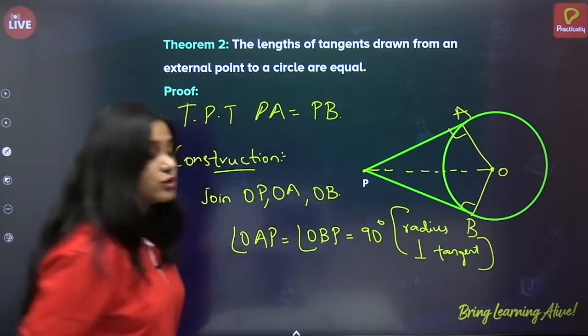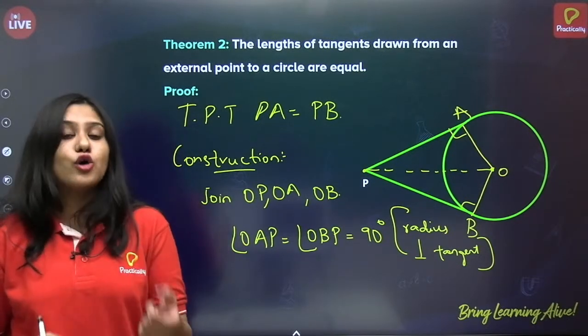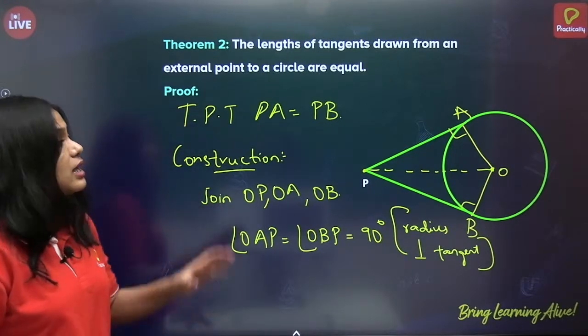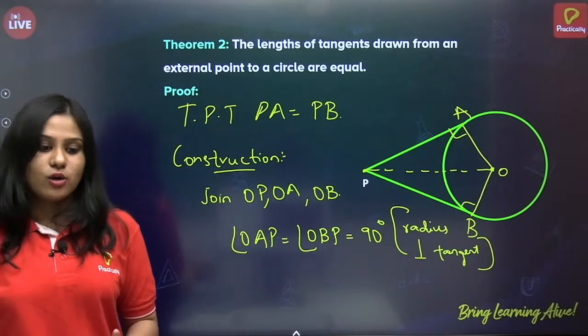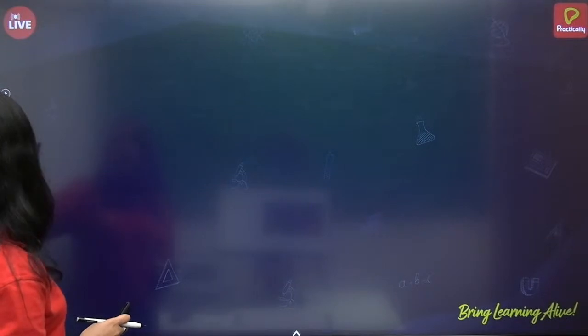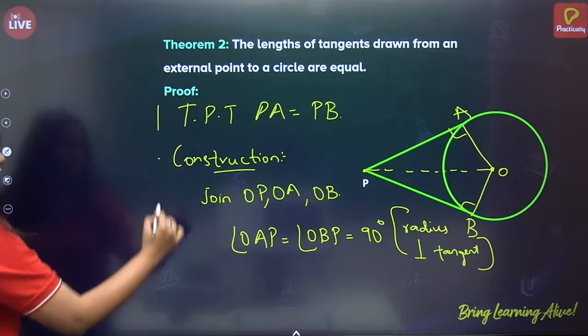Now I have told you already that you should have a little knowledge about the other basic geometry topics, right? Because here we will be using the concept of congruency. Okay, you're all aware what congruency is, correct?